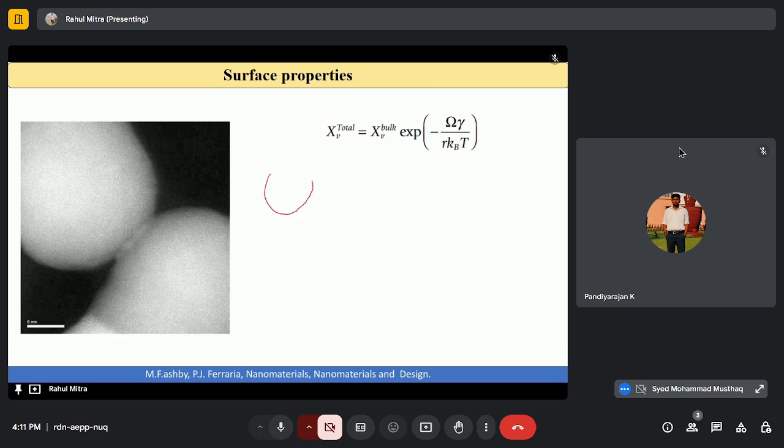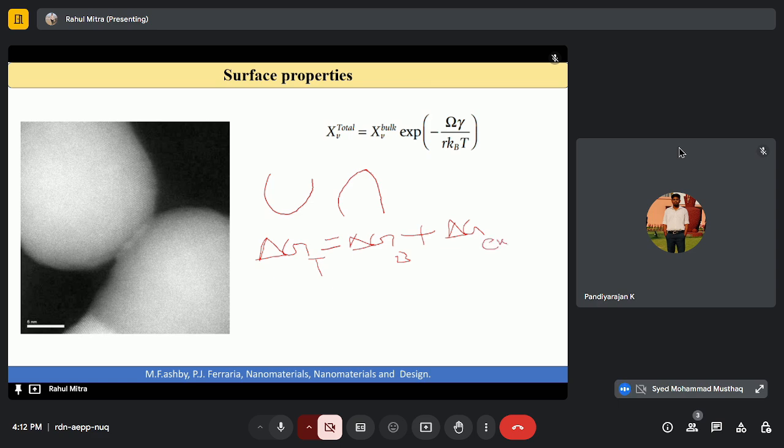We can write delta G total is equal to delta G bulk plus delta G excess free energy.